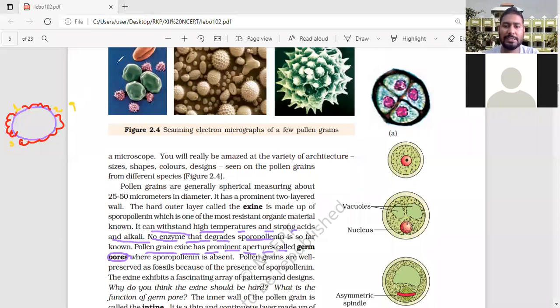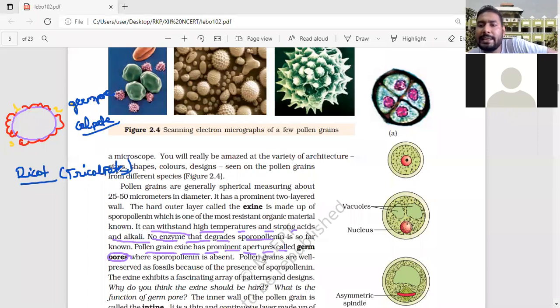I will change the color because it is not contrasting. This structure is known as the germ pore, or simply the colpate. In dicots it will be tricolpate. If it is a dicot pollen grain, it has 3 germpores.